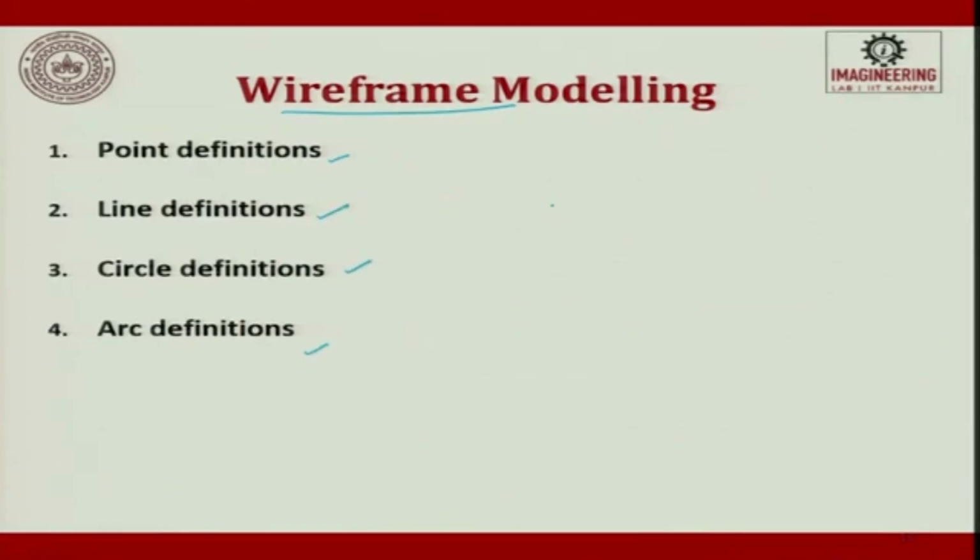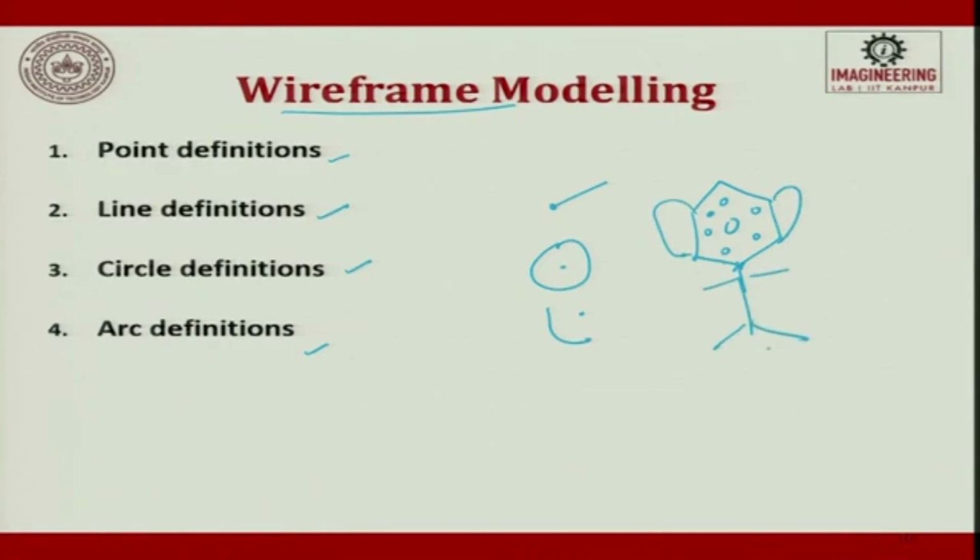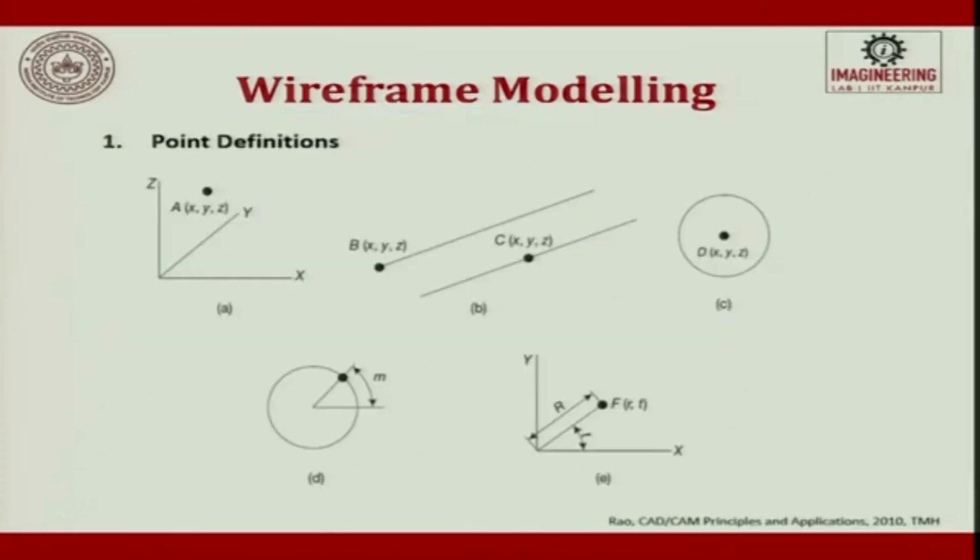As I told you, if I know to define a point, if I know to define a line, if I know to define a circle, if I know to define an arc, then I can split any complex geometry into these lines, circles, arcs, and then get the data points. So, now let us see how to define a point, line, circle and arc in wireframe model.